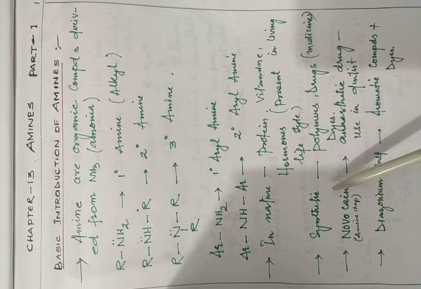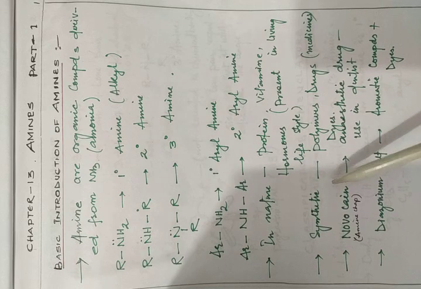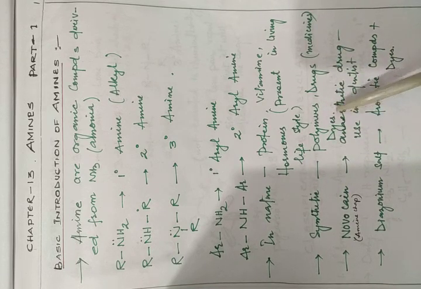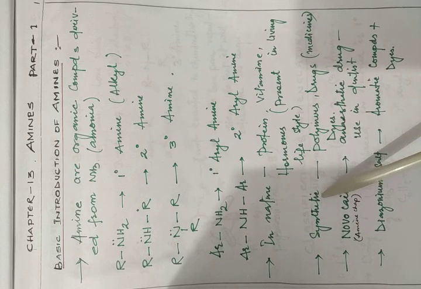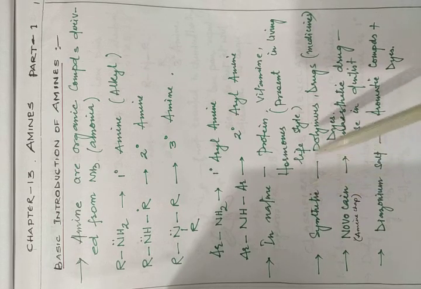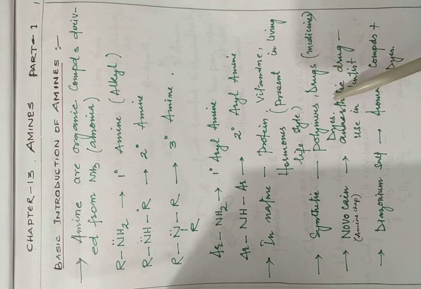In another way it is also used synthetically, that means in polymers, drugs, and dyes. Drugs means medicine only. So amines occur in synthetic forms, in polymers, drugs or dyes.